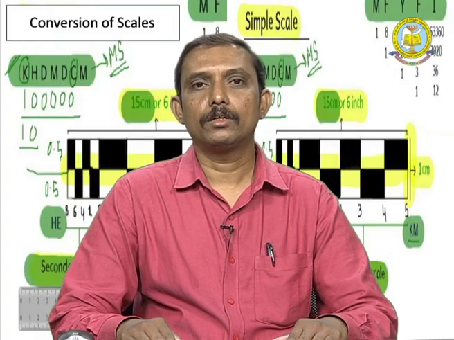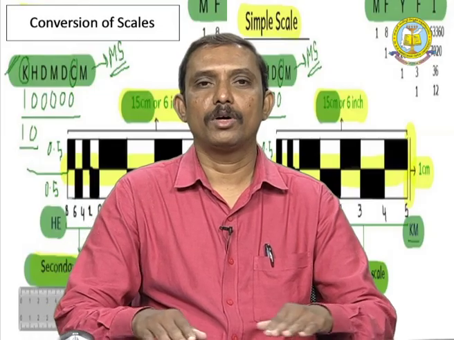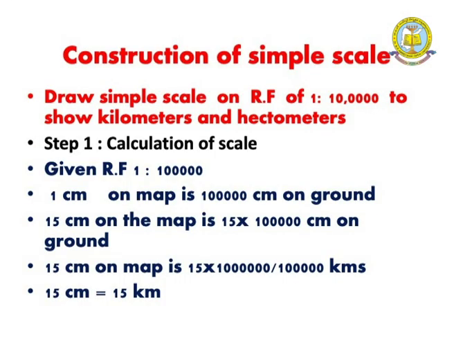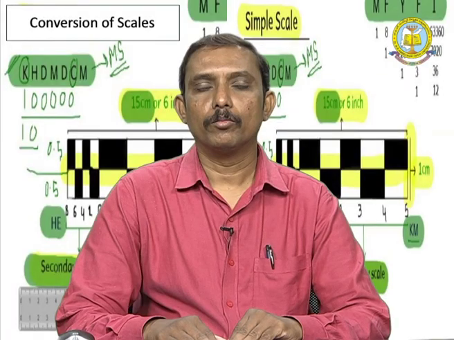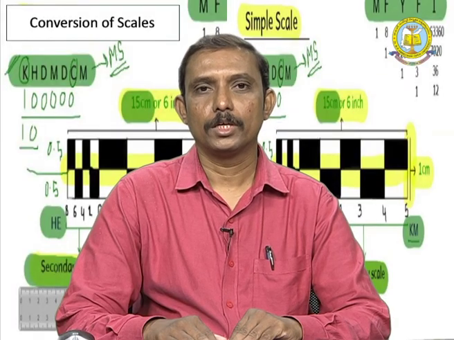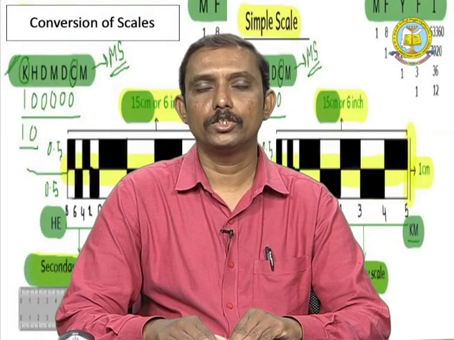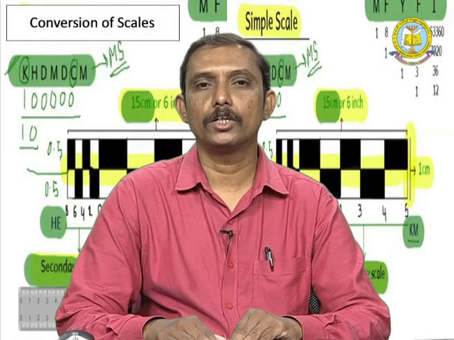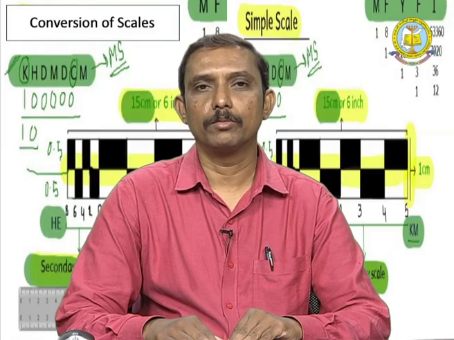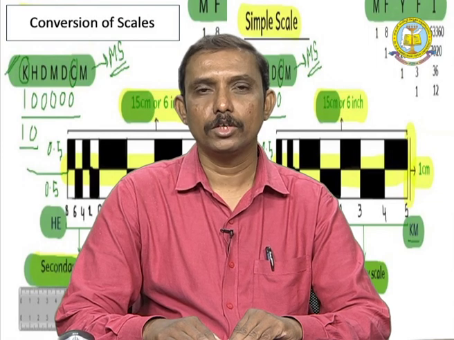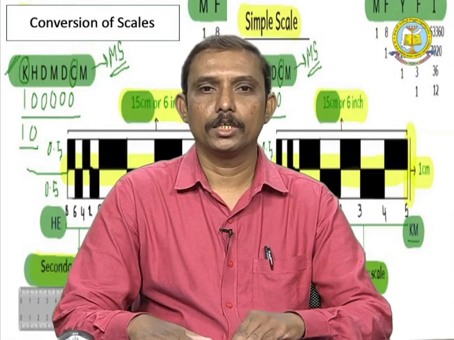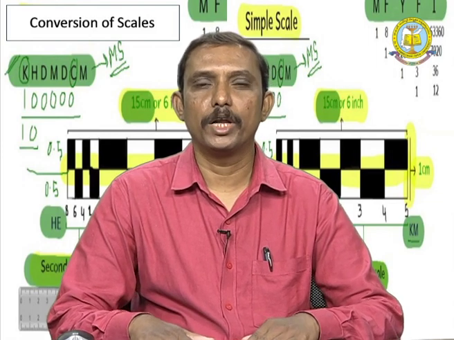If the measurements are in English units, usually we will take a length of 15 centimeter. In the case of the English system, we can take yards and furlongs as the measurement system. This is the method of construction of the plain scale.